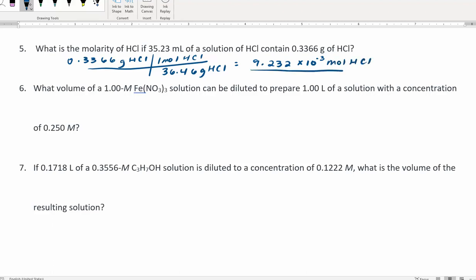Now I need to divide that by the volume. Now I need to convert this volume into liters. So it's going to be 0.03523 capital L liters, and I get a concentration of 0.262, actually I get a 0.5. Now I have 4 sig figs here and 4 sig figs here. Because I get a 0.5, I'm going to round that up to 1.